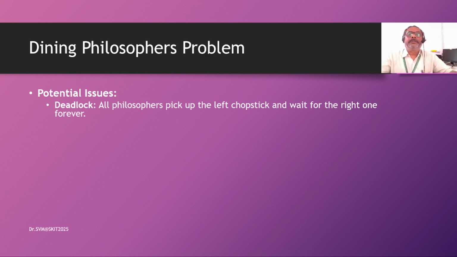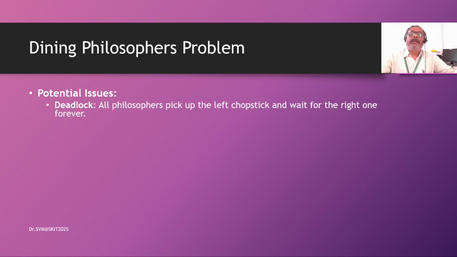Then at the same instant all the five rush their left hand forward and get the one chopstick on their left side, and then look for the second chopstick, which they want from the right side.